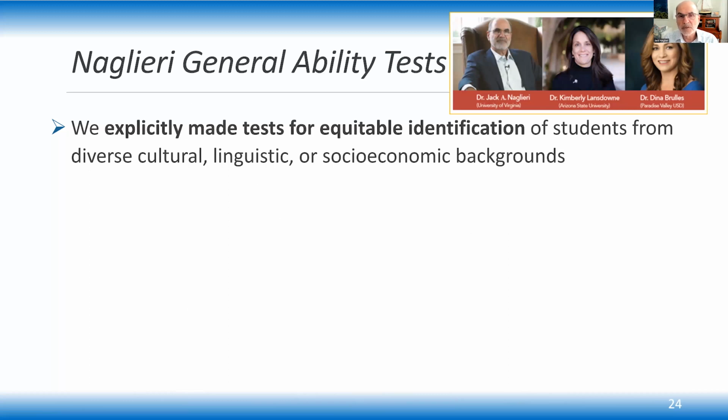And I had the opportunity to move from the publisher that I worked with to a new publisher that I started working with about 15 years ago, called MHS, which stands for Multi-Health Systems. MHS is the company that publishes the Naglieri General Ability Tests.